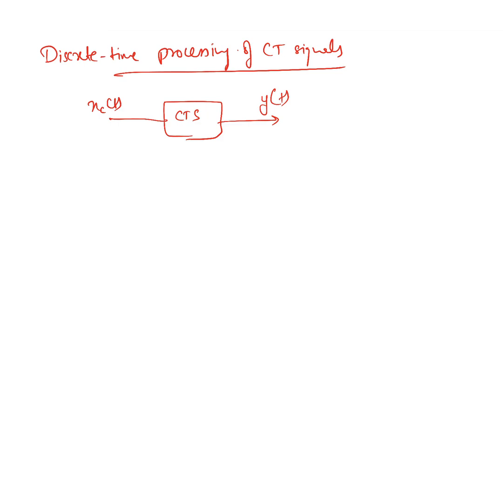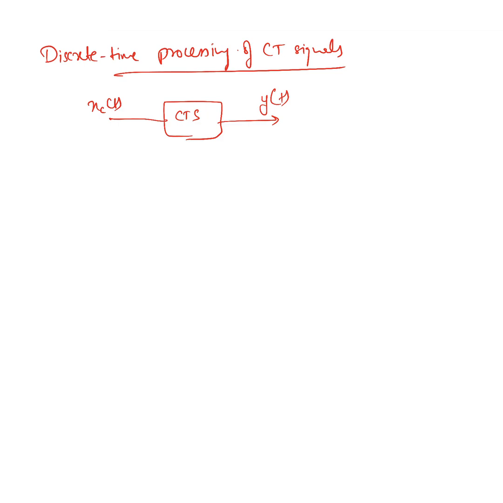Now, in some of your previous courses, particularly in signals and systems or network theory, you might have seen that, given a continuous time input signal, you can compute the output signal y of t as the convolution of the impulse response of the continuous time system and the continuous time input signal. But now we shall see how we can process this overall system in the discrete time framework.